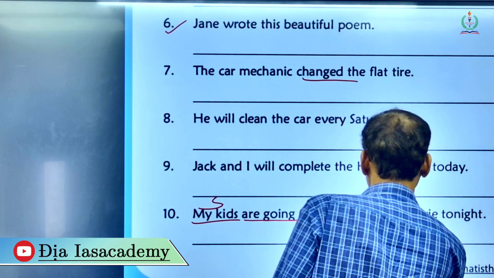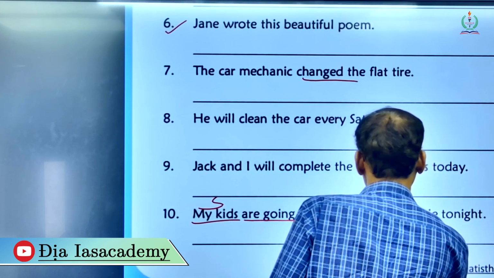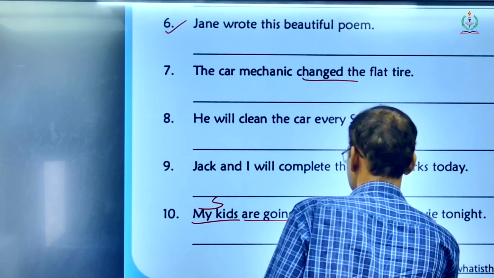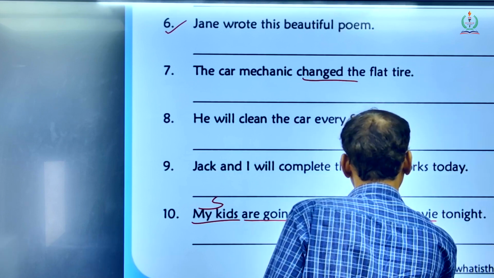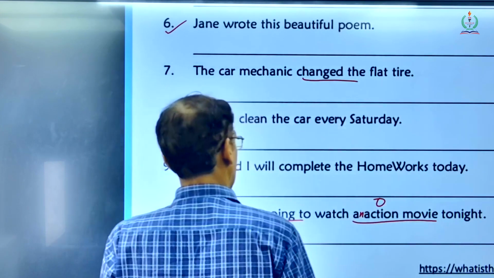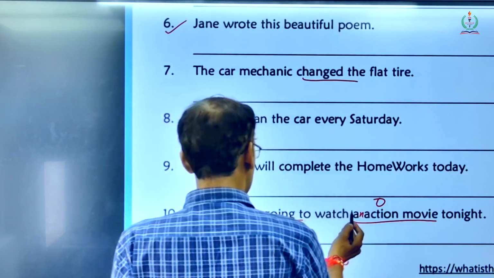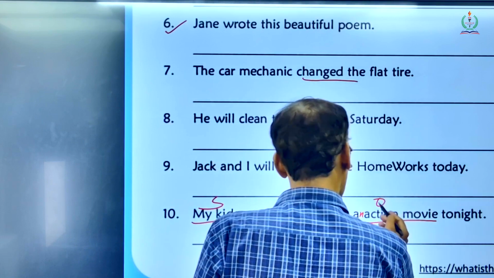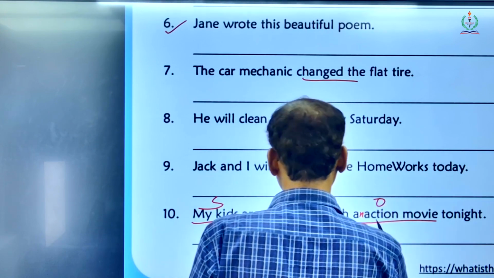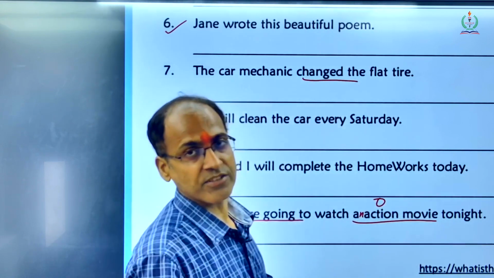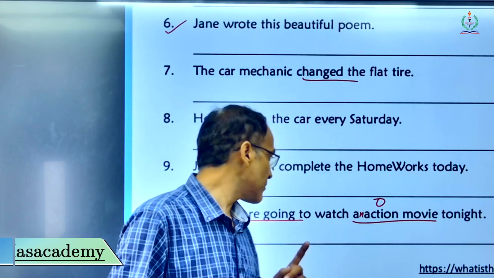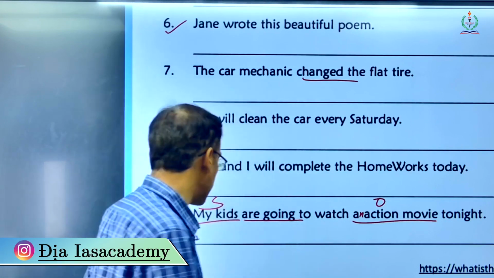Action movie is the object of the sentence. Tonight, we can say like this, an action movie is going to be watched by my kids tonight.